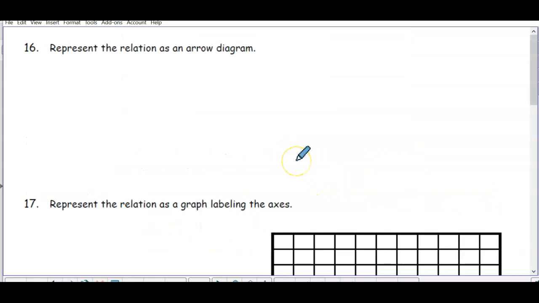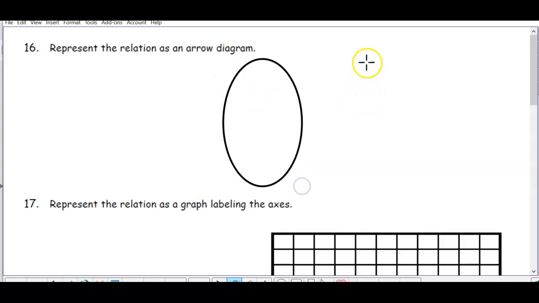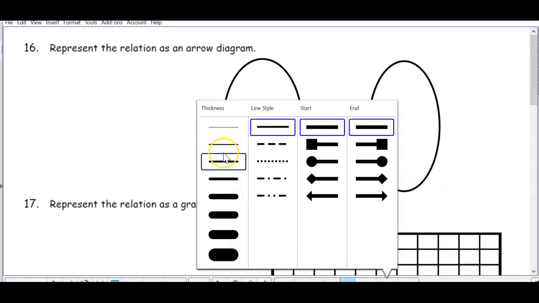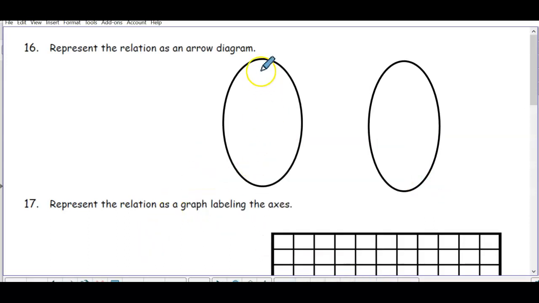Next one, represent as an arrow diagram. Might be able to do an oval here. Let's try this out. Yeah, there we go. And another one there. Okay, and then, so we have 1, 2, 3, 4, 5, 6.